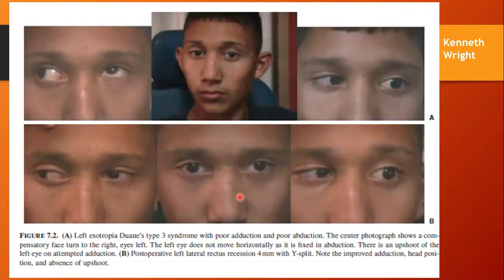On dextroversion there is some adduction limitation in the left eye. Levoversion is normal. On dextro elevation, there is upshoot in the left eye.